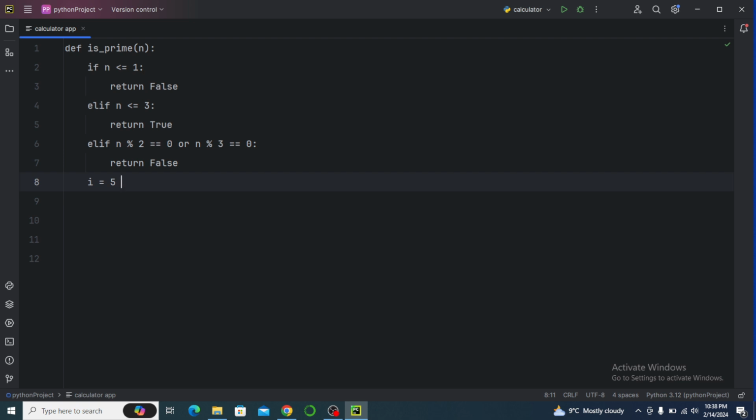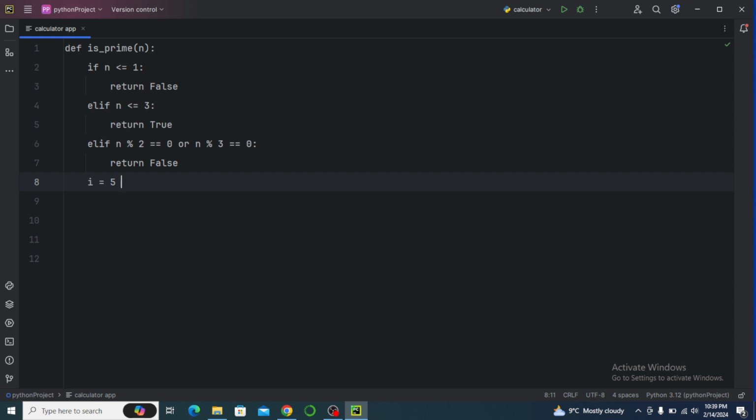So we are saying that we are initializing the variable i to 5 because we already checked its divisibility by 2 and 3 in the earlier condition. So we start from 5 because all primes greater than 3 can be expressed in the form 6k plus or minus 1.